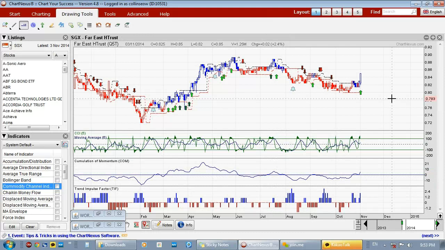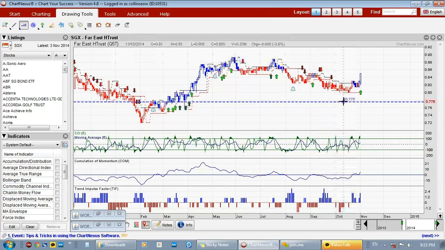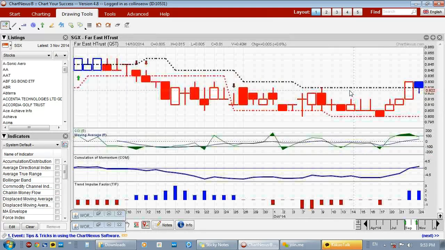The reason why some of these stocks may not work so well is, number one, you see there are a lot of overlapping candles on the chart. Overlapping candles means we have about a 1.5 cent price range within a month.